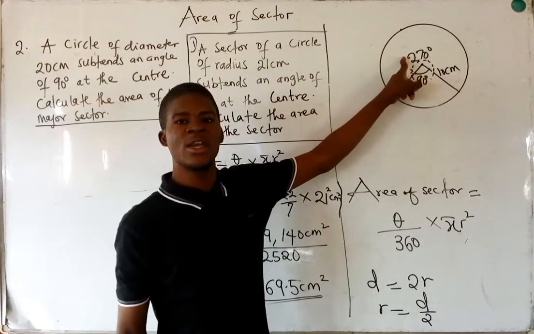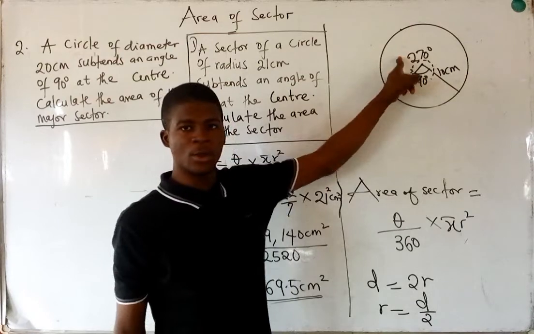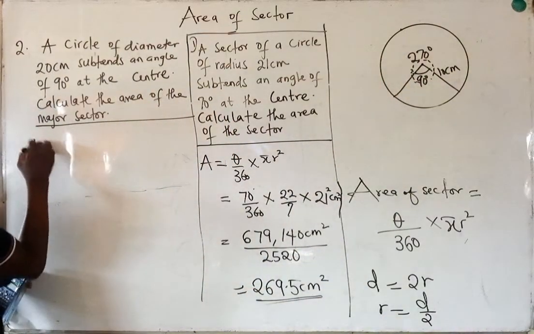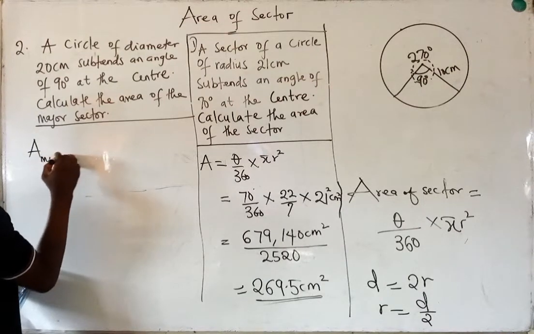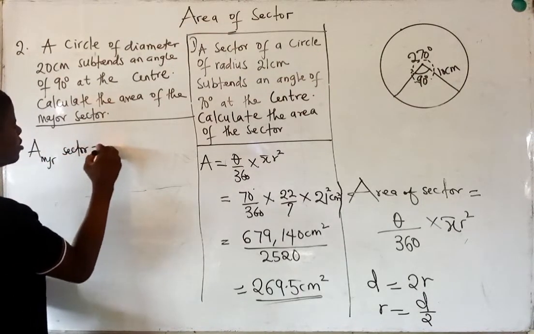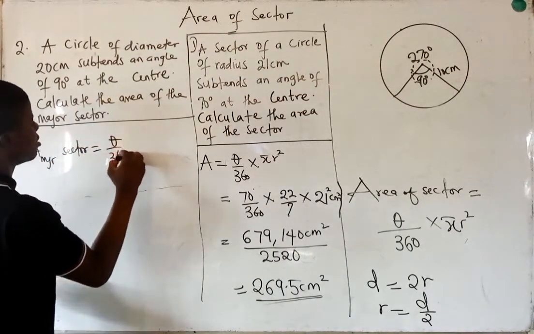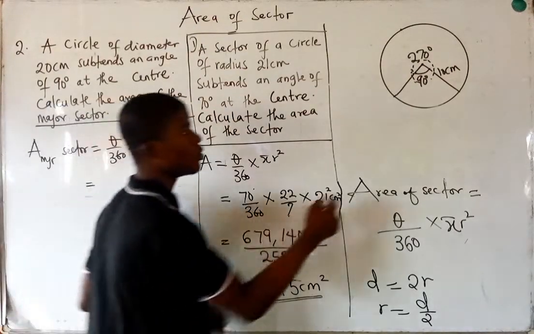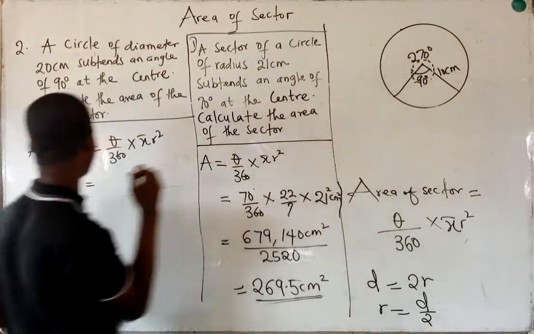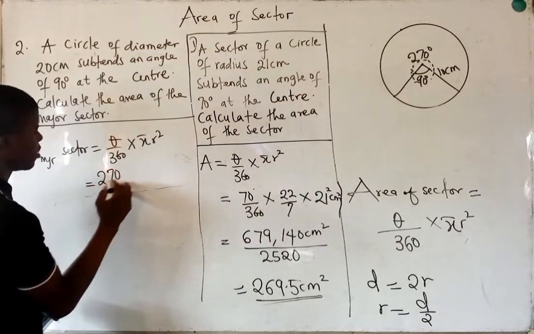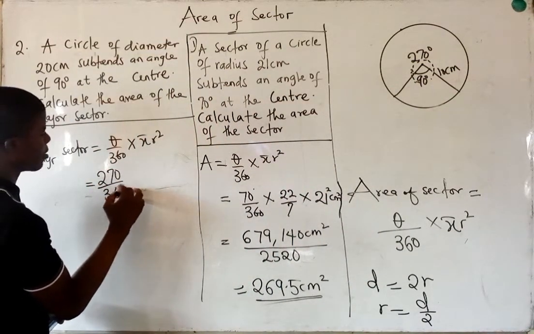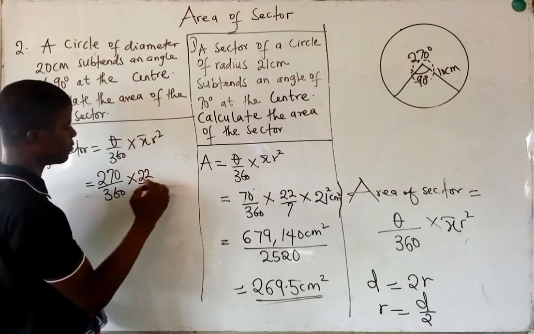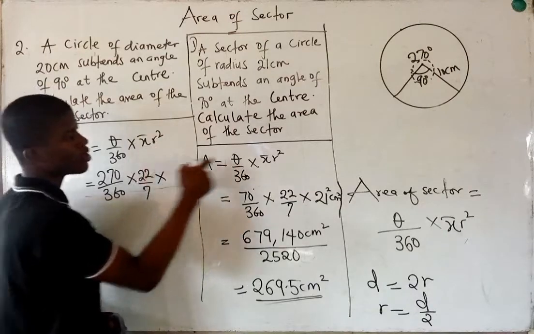So we will now look for the area of this major sector. The formula still remains the same. The area of major sector is still theta over 360 times pi radius squared. Now what's theta? We will not use 90 but 270 degrees. That's 270 degrees over 360 times pi, which is always 22 over 7, times the radius, which is still 10.